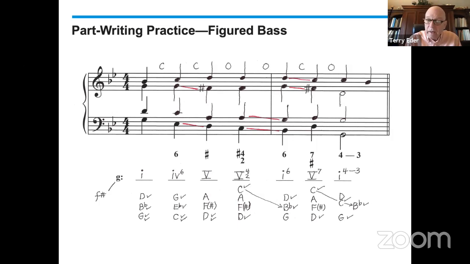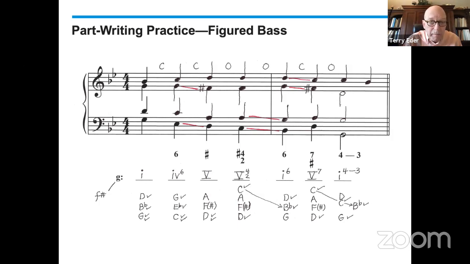So we have to look at that, because parallel seconds, moving down in parallel motion by a second, we have to be careful that we don't have a parallel that's unacceptable.